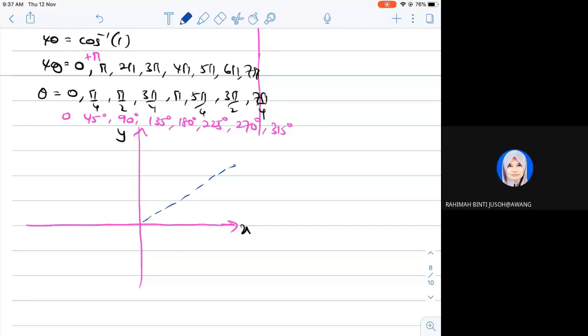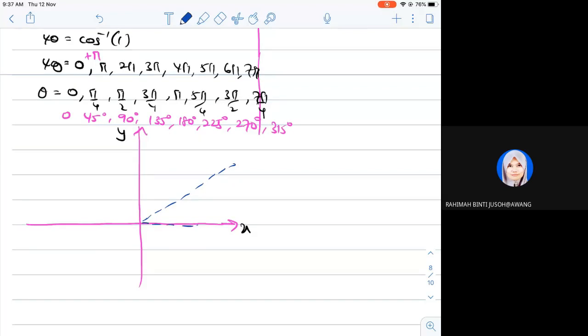Sorry, we start with 0. So here is theta equals to 0. This is theta equals to pi over 4. Here should be theta equals to pi over 2. And then here should be theta equals to 3 pi over 4. Theta equals to pi. Theta equals to 5 pi over 4.